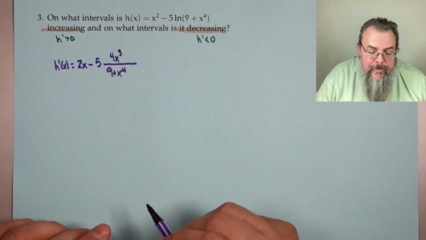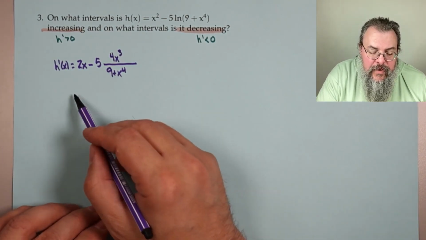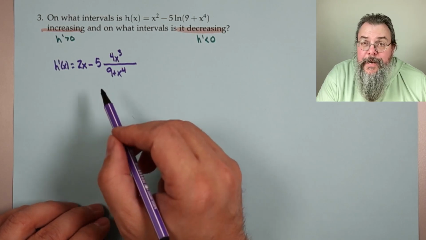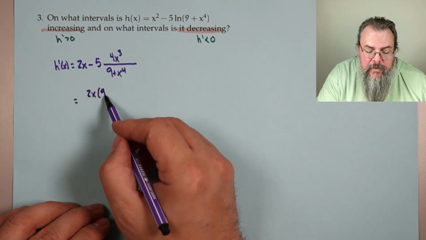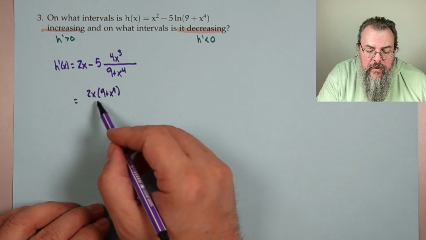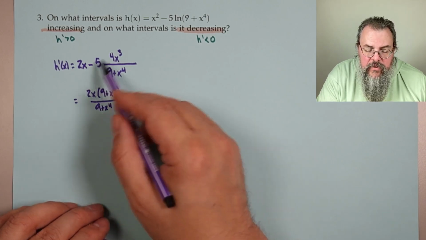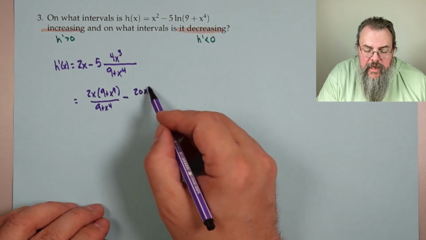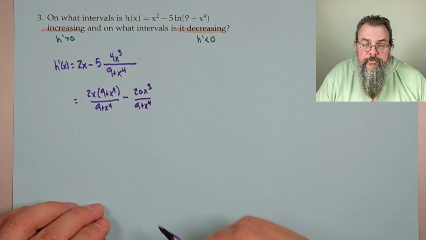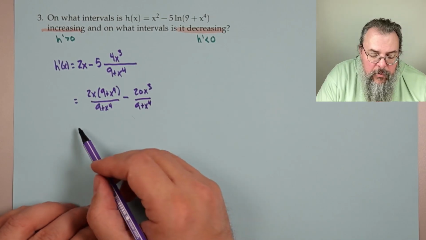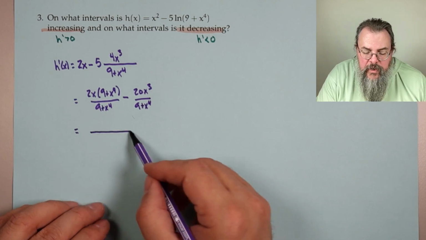Okay, so, well, let's add these together. So common denominator, 9 plus x to the fourth. So that would be 2x times 9 plus x to the fourth over 9 plus x to the fourth, then minus 20x cubed over 9 plus x to the fourth. Okay, well, we're almost there. We can now put it all together.